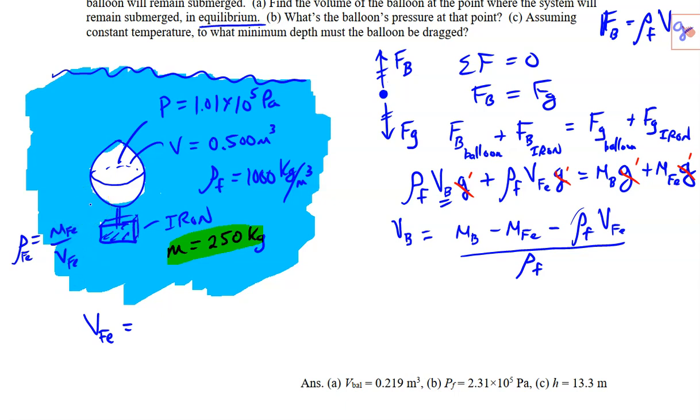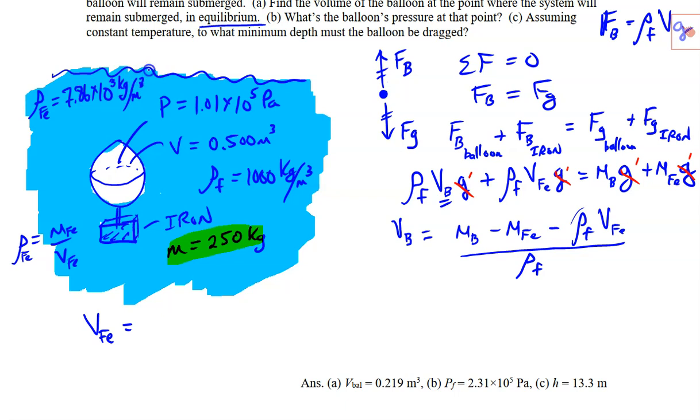I'll go find it on the internet right now. And it turns out that the density of iron is 7.86 to the power of 3 kilograms per meter cubed. That would have been nice if that was provided in the question.